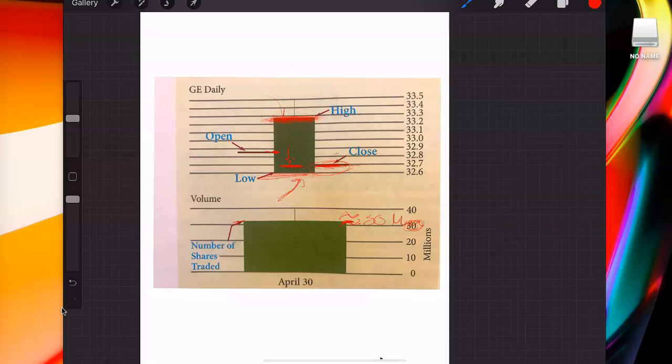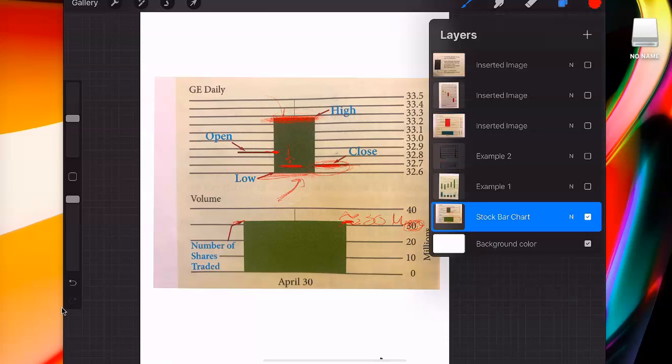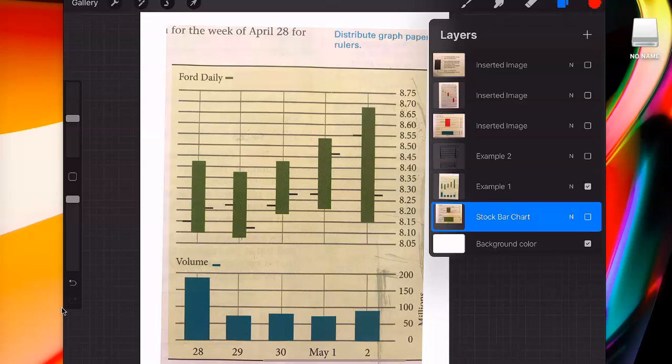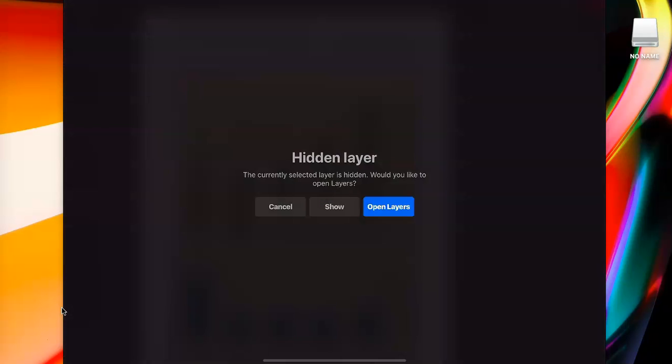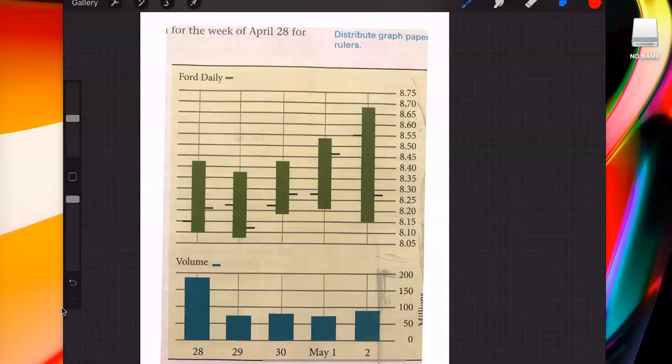And so our chart here in this example is looking at that same thing. Our high, for example, on the 28th of April is right here. One of these days I will remember to select the new layer.